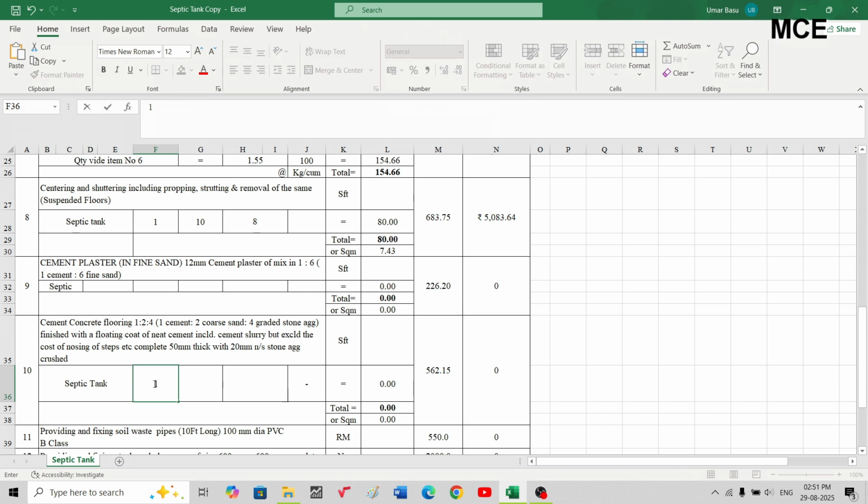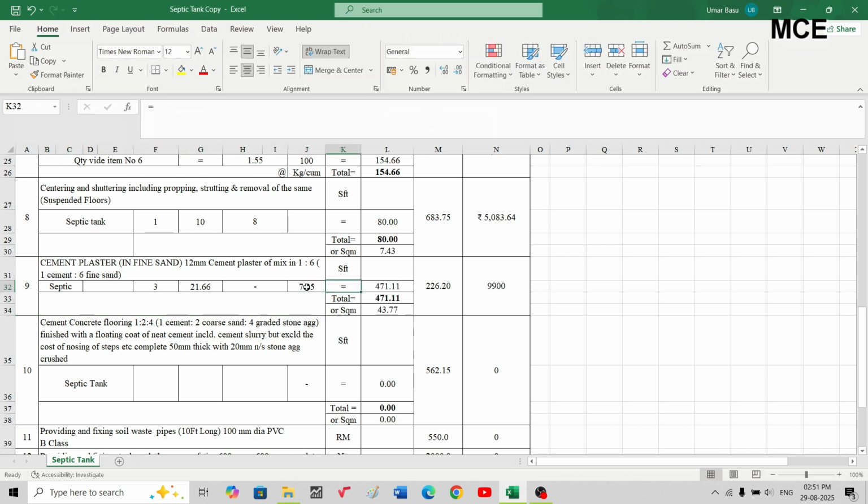So, sorry, the cement plaster is 3 into 21.66, and the depth for this is 7.25 feet.